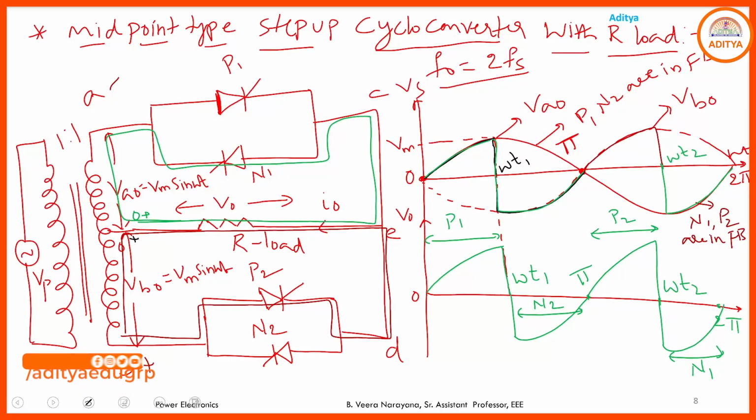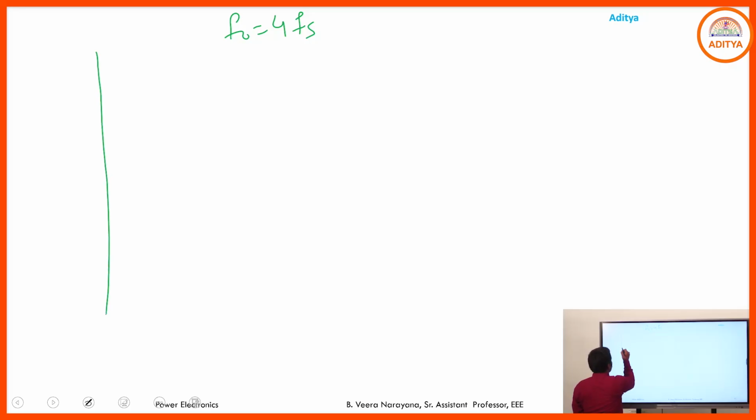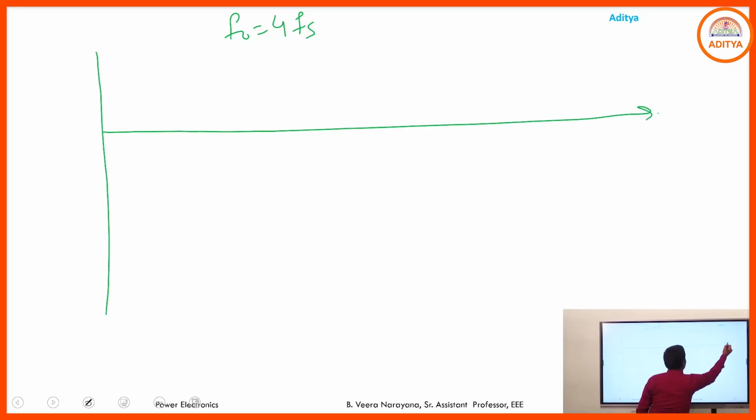Right. Now, I just want to draw the output voltage waveform for F0 equal to 4Fs. Then, we try to draw this output voltage. First we take the source voltage.